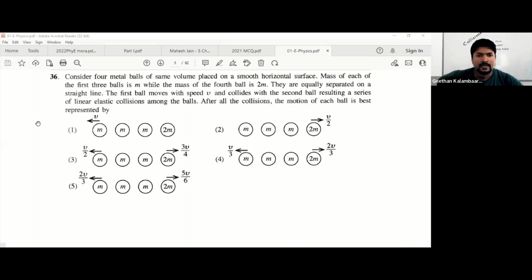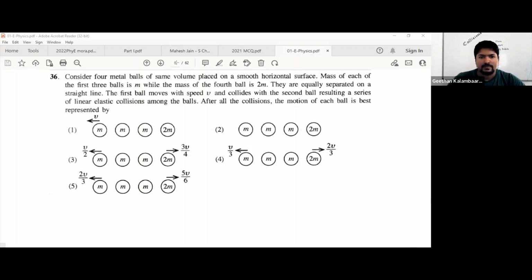So what happens here is that the first M mass, now this one here is projected towards the right hand side with a velocity v. V කියන velocity එකකින් මෙයාව මේ පැත්තට යවනවා. එතකොට මොකද වෙන්නේ? Now the first one collides with the second one, right? When the first one collides with the second one, මම මෙතන මේ උත්තරයක්ම ගන්නම්, right? I will take one of the answers to determine the answer, right?